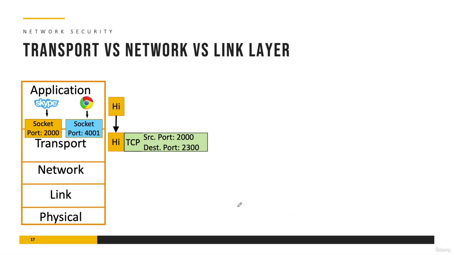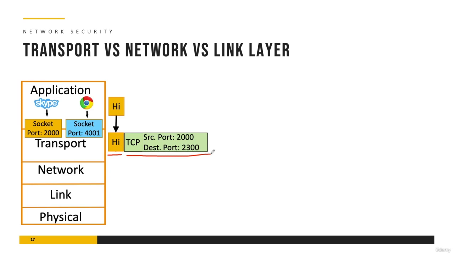Now the transport layer considers this as the message and adds its own header, which is the transport header, the TCP header in this instance, which basically contains the source port number. So you see you have the source port number 2000 and the destination port number 2300, which is the port number to be used at the destination. The Skype at the destination would be running on this port.